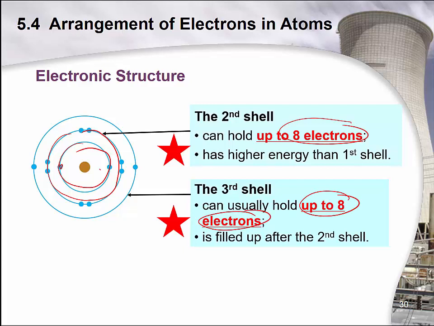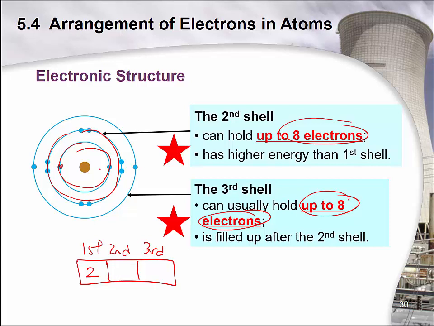Okay, you can only go to the third shell after you fill out the second shell. You can only go to the second shell after you fill out the first shell. So the filling out of shells is always like this. First, second, third. For example, if you have 3 electrons, you put in 2 and then 1. Okay? If you have 10 electrons, you put 2 and 8. Total is 10.